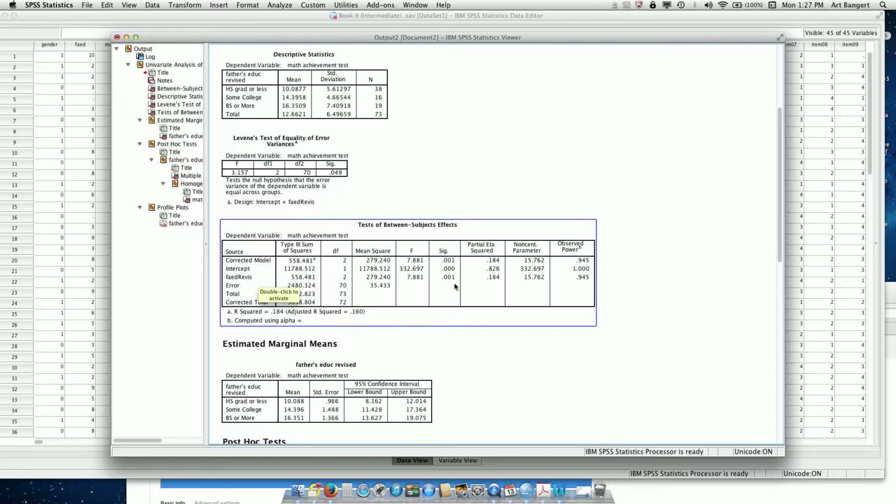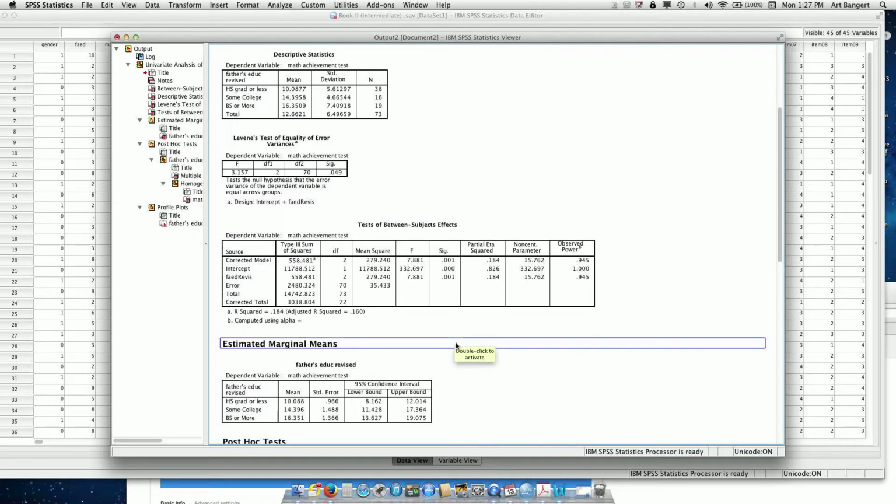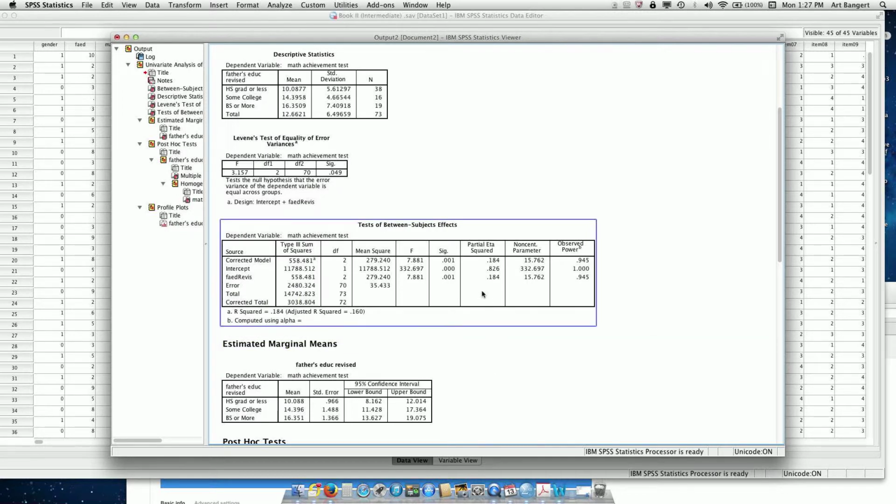So this is well below the 0.05 threshold for significance. And so we can say, based on this analysis, that there are significant differences among the 3 fathers' education levels in terms of student mean math achievement scores.